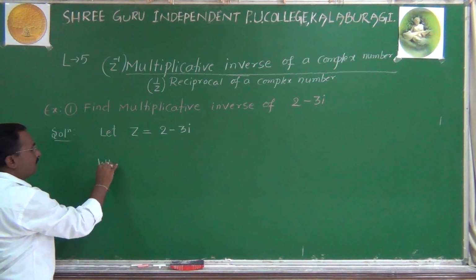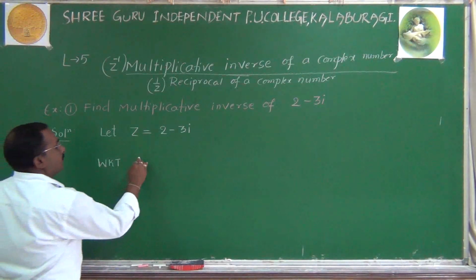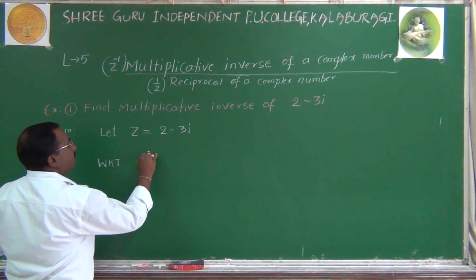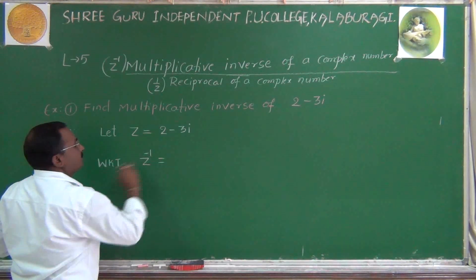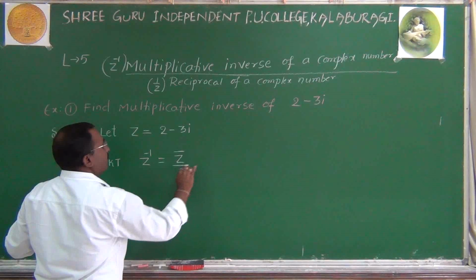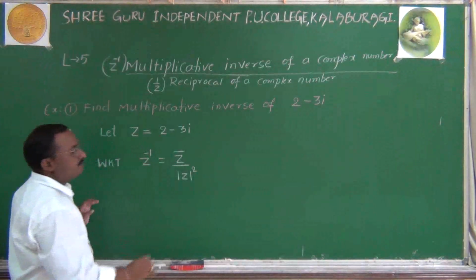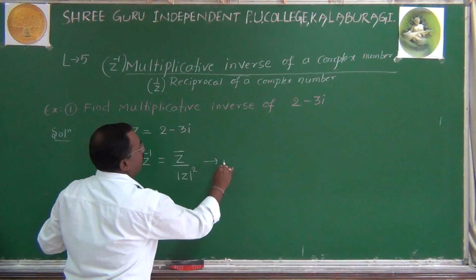We know that the multiplicative inverse formula is equal to Z bar divided by modulus of Z whole square. This is the formula.